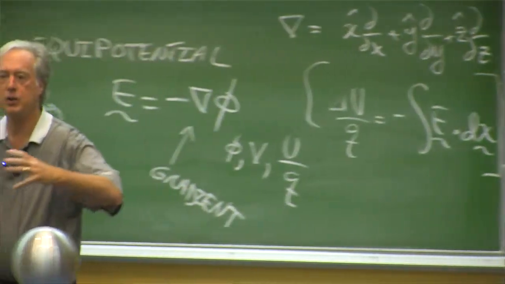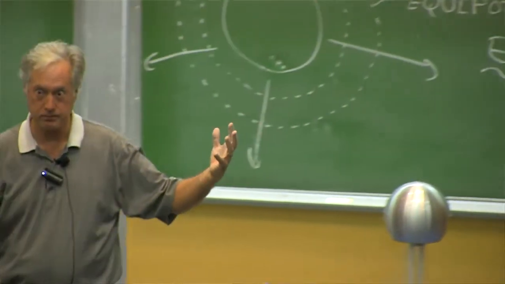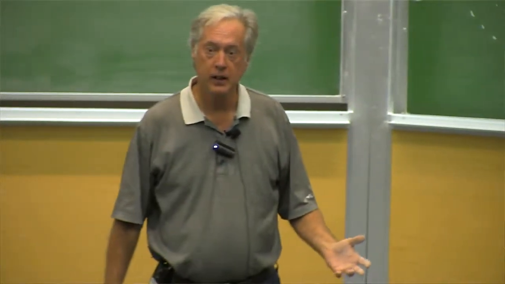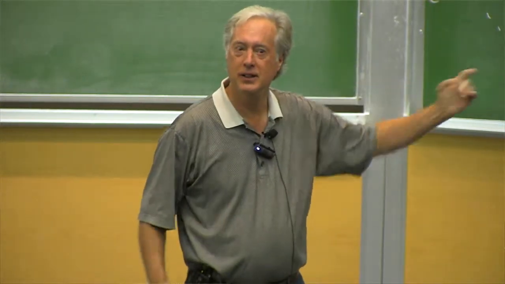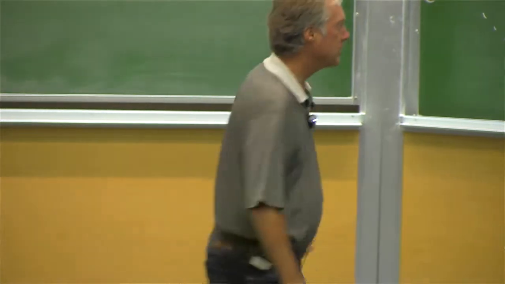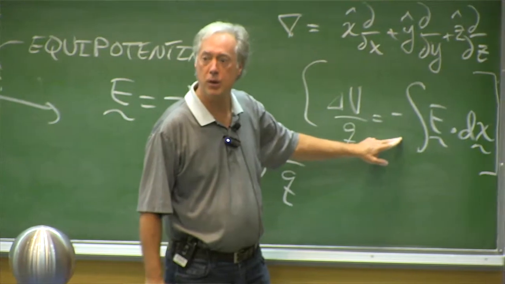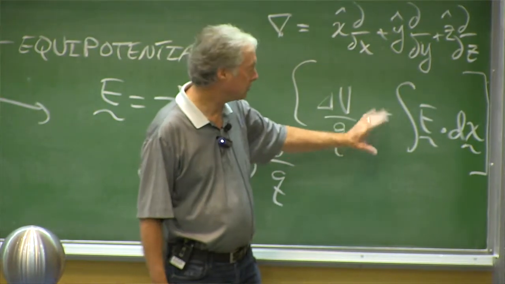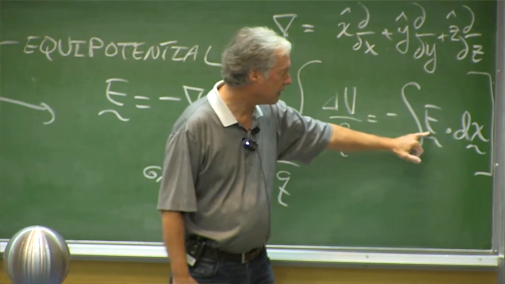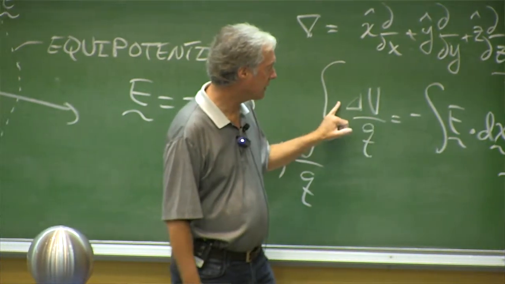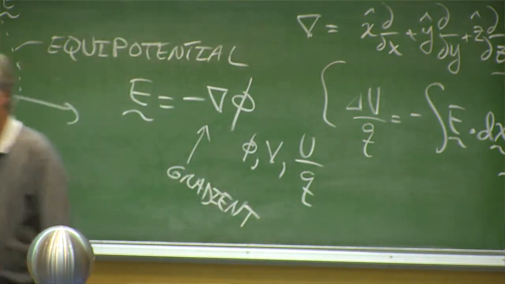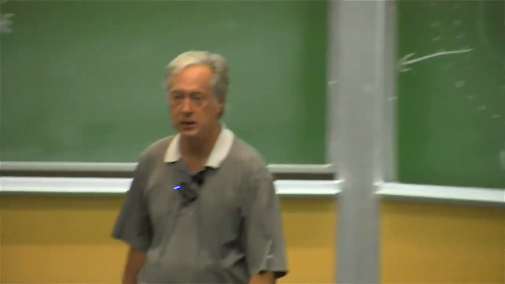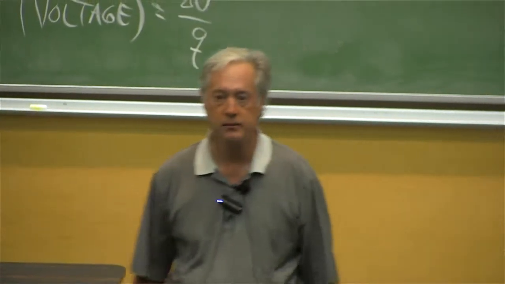The integral means take it over some big space, add it all up. Instead, let's shrink that equation down to a very small step. Instead of having the integral be over a big distance, let's have the integral be over a small distance. And if we shrink this down, we get E is minus delta V divided by dx. Those two equations are the same. They mean the same thing.